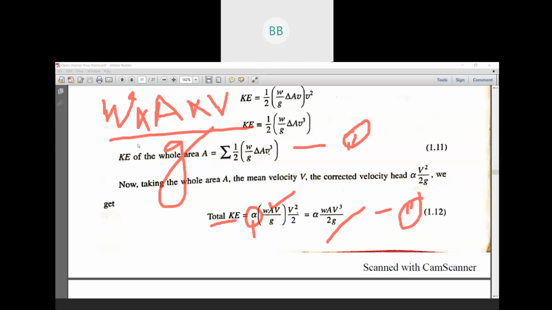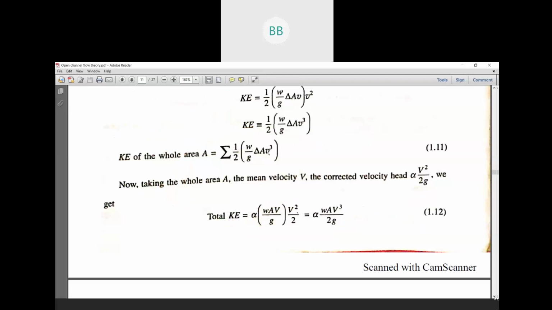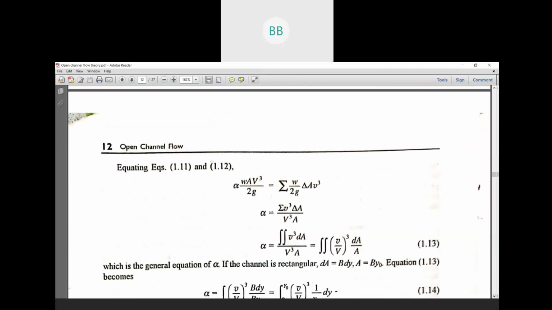Okay, so next we are equating both the equations 1 and 2. Here this is the kinetic energy for the whole cross-sectional area. Here also it is the kinetic energy for the whole cross-sectional area, but it's depending on the small elementary area that we have considered. So that summation or that integration is the same, so we can replace the summation by integration. Here the specific weight and this specific weight will be cancelled out. Twice g and twice g will be cancelled out.